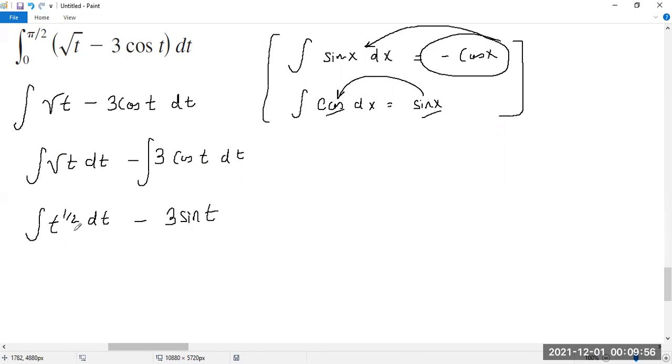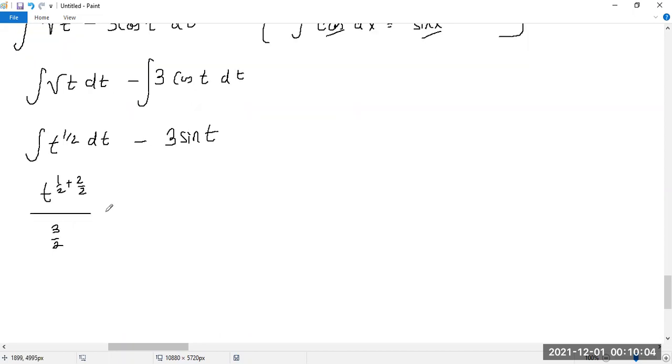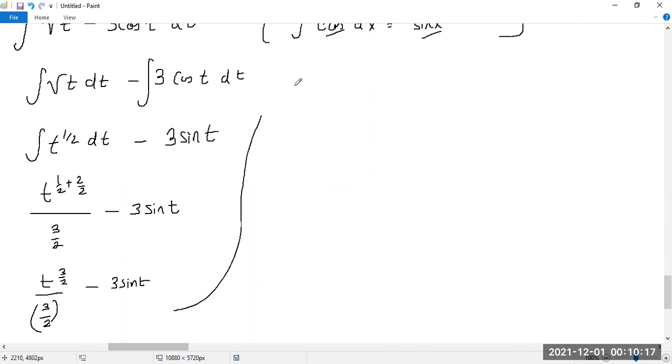And in this case, we'll add 1 to the exponent, so plus 2 over 2, and divide by whatever that exponent is, which is 3 over 2, minus what we had before. And of course, this is t to the 3 over 2 over 3 over 2 minus 3 sine of t, right? And the idea is that you can multiply this by the reciprocal.